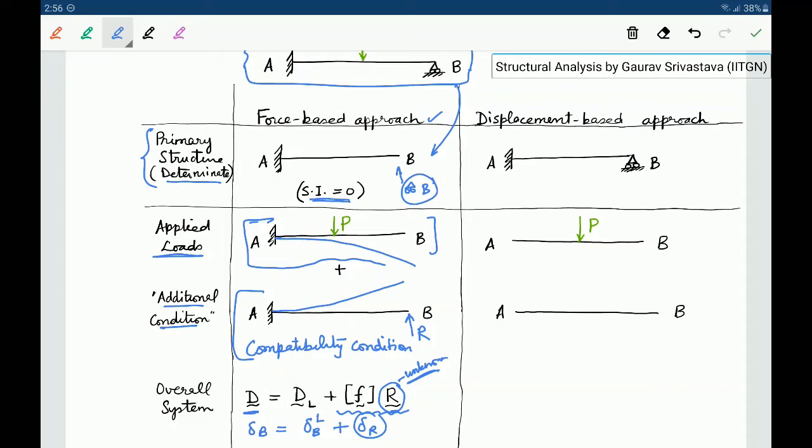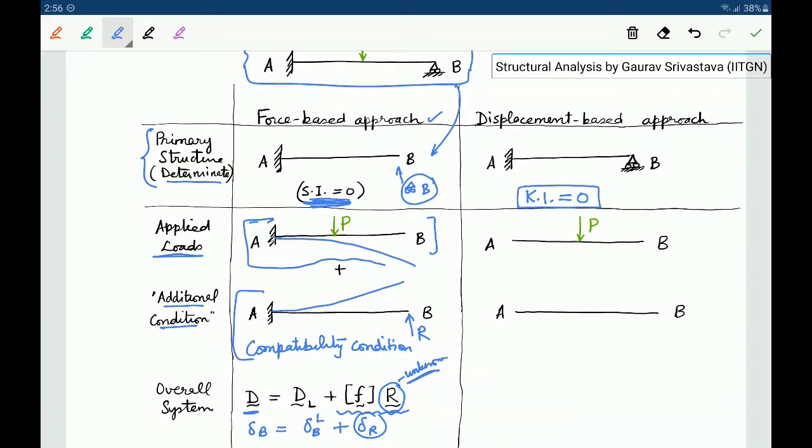Now if we talk about a displacement based approach, again we will have to first make a primary structure, and the role which static indeterminacy plays for the force based approach, the kinematic indeterminacy plays for the displacement based approach. So what we want for the primary structure in displacement based methods is that the kinematic indeterminacy should be 0.